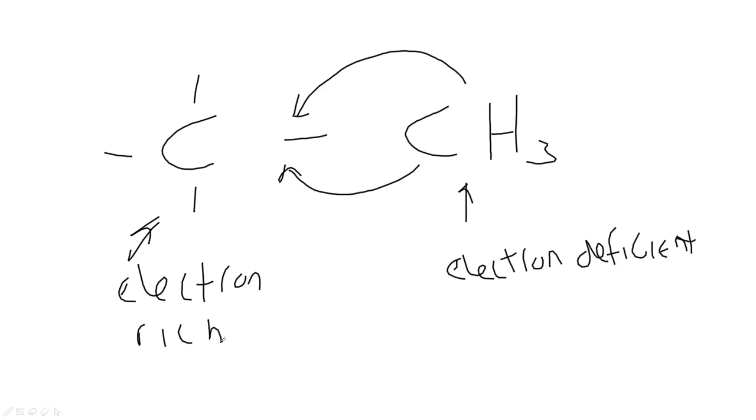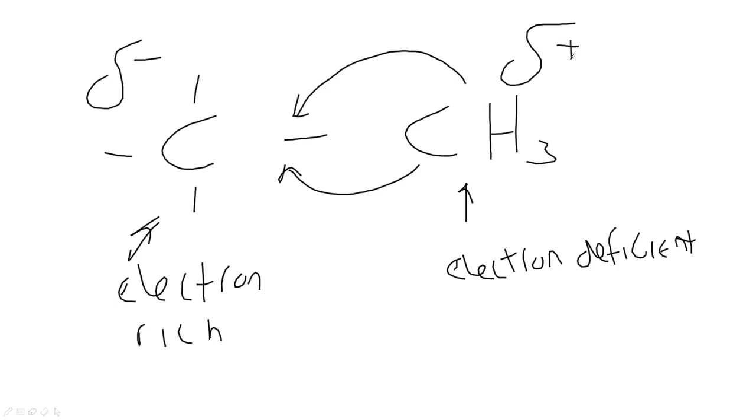Now, this will lead to the formation of a dipole, or partial charges, if I put it that way. That means this carbon here will be partially negative and this will be partially positive.